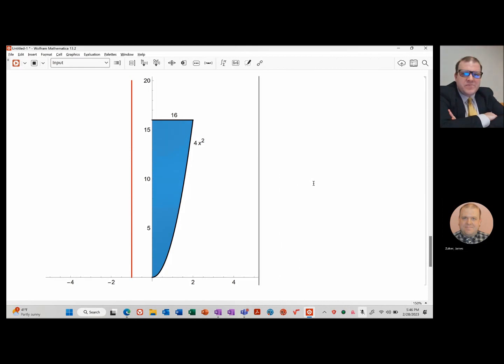Initially when I read it, I thought you were going to do the left region. Why would I do that? Because that's just what I thought at first. And it would give a different result. Well, it's a lot closer to the axis, so it's going to be smaller.